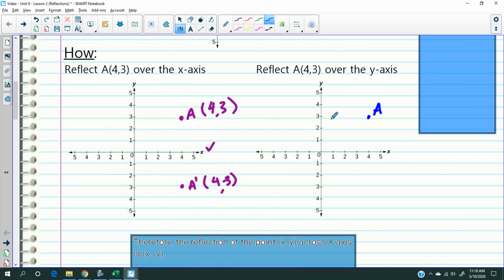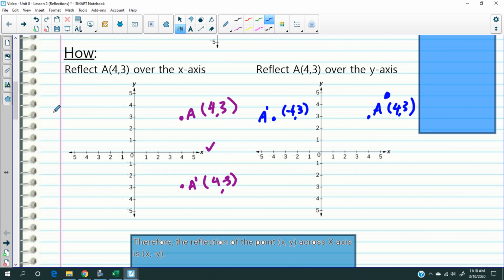I have to go 4 spots over to hit the y-axis. So I'm going to go 4 spots over. 1, 2, 3, 4. Sorry, this is just A. That's 4, 3. So if I go over 4 this way, this is A prime. Now, where is A prime? This is negative 4, positive 3. And that's how you reflect over the x and the y axis.